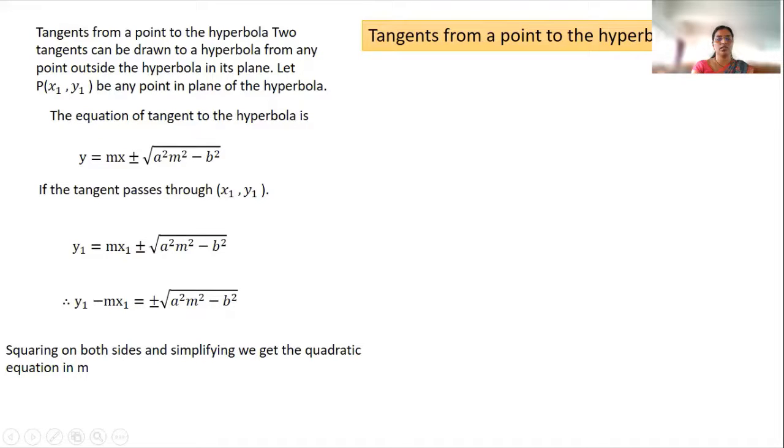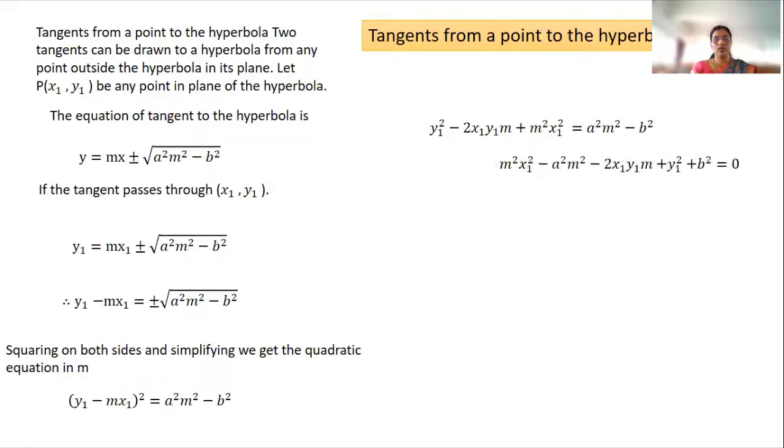Squaring on both sides and simplifying, we get m square (x1 square minus a square) minus 2x1 y1 m plus y1 square plus b square is equal to 0.